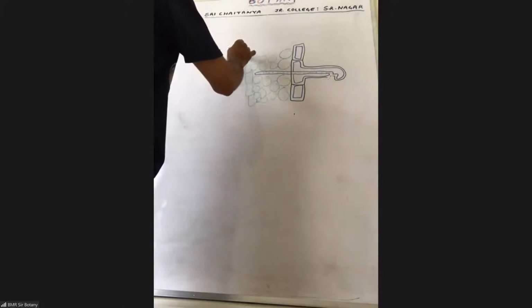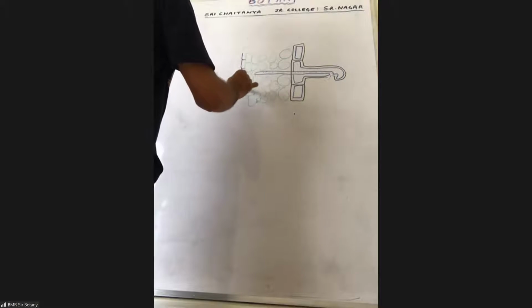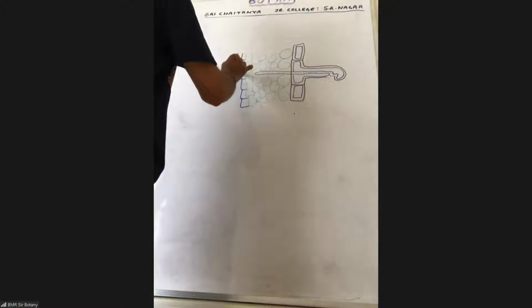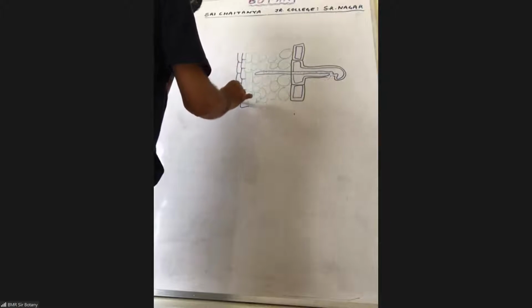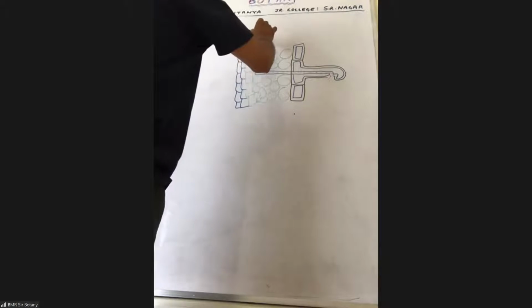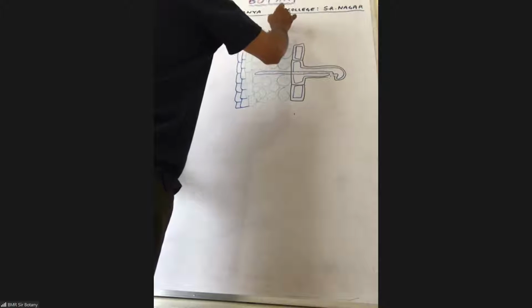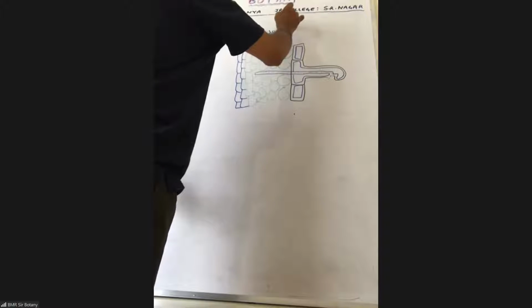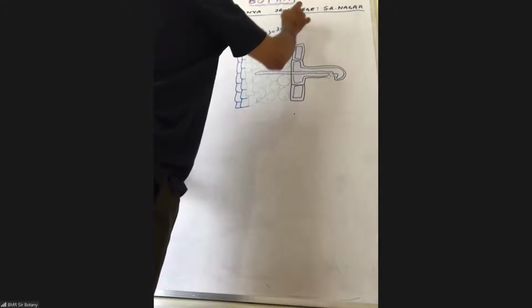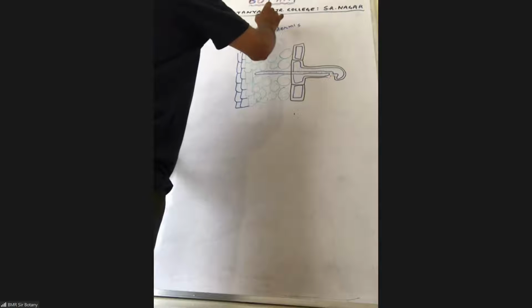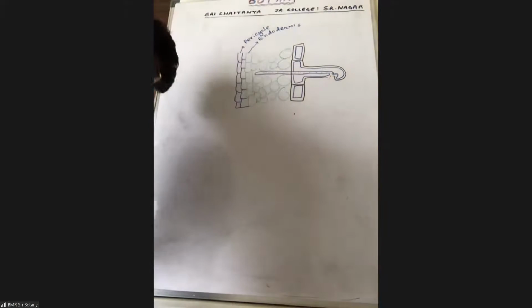Pericycle. How many layered is the pericycle in the roots? Remember, Nana? Can you recollect? Pericycle in roots is few layered. Number one.